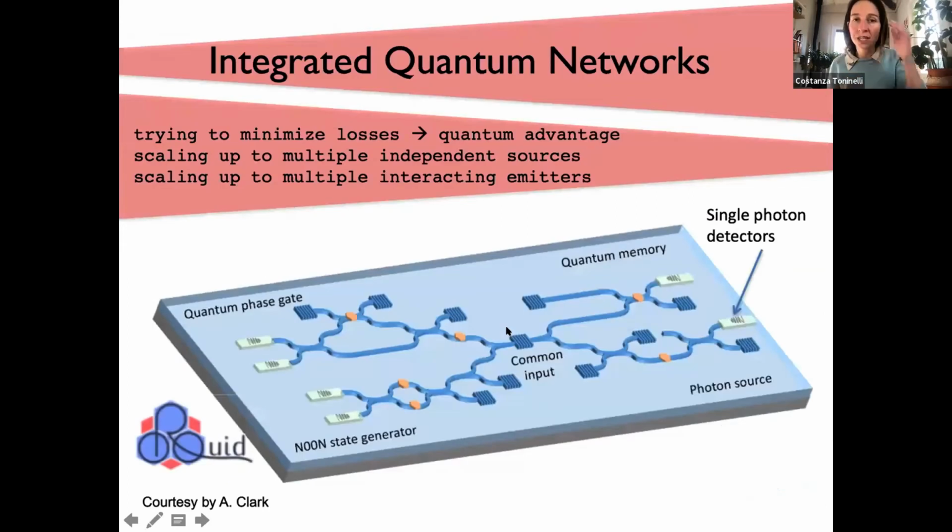Okay, now the very last part of my talk will be dedicated to our path to integrated quantum networks. Why do we want to put molecules inside an integrated photonic circuit?